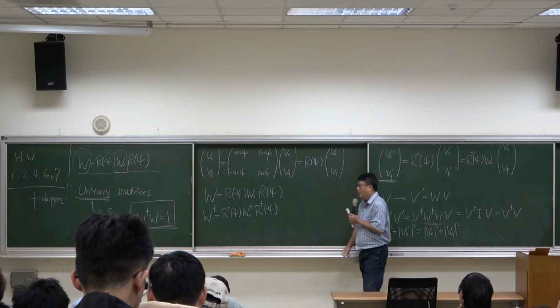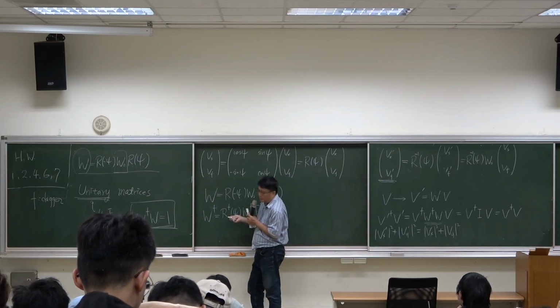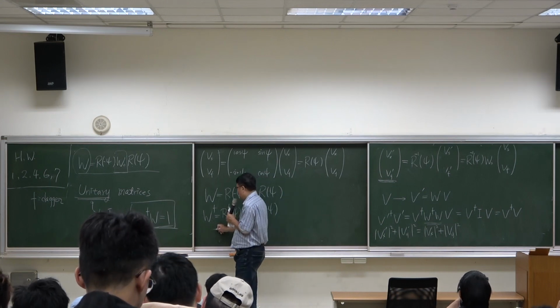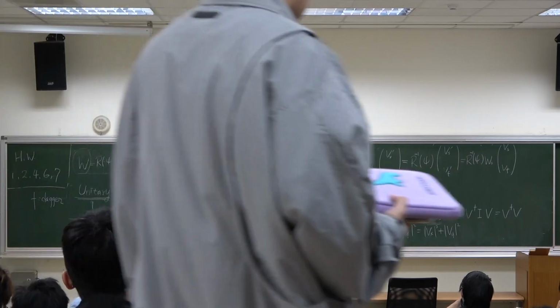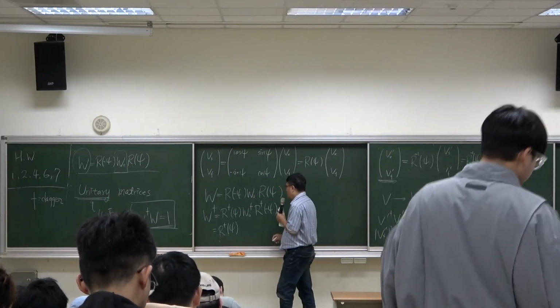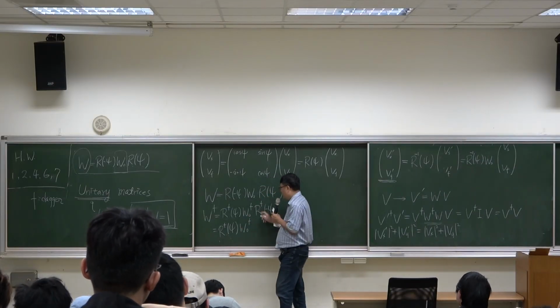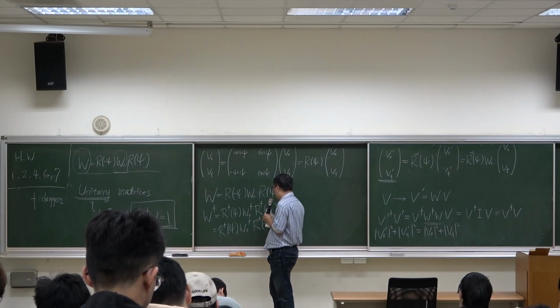Okay. However, R is a real matrix. So dagger is just the transpose. This times W0 dagger times R transpose minus psi.